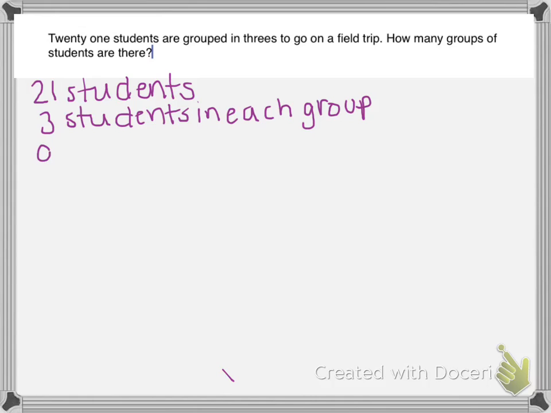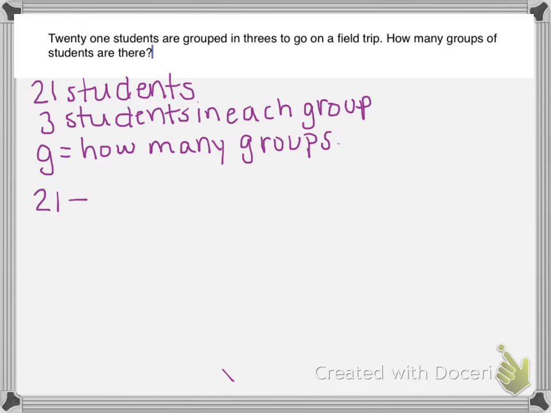And we're going to use the letter G to represent how many groups. My equation would look like this. 21 students divided by 3 is equal to the number of groups.